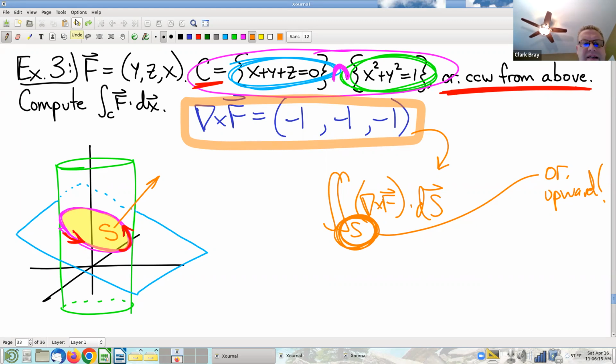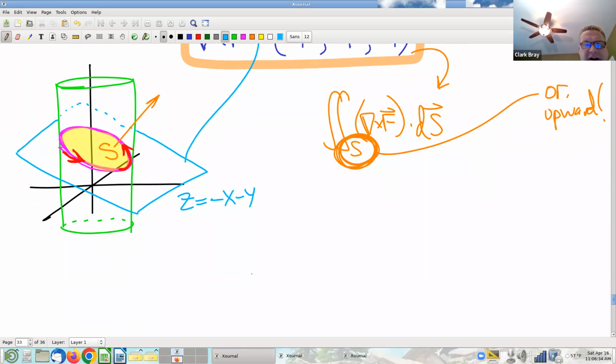And what I know about S is, let's see here, well, S is part of my blue surface. Let me do it like this. It's part of that blue surface. I can solve for z. Therefore, viewing it as a graph, I can therefore use the graph parameterization.